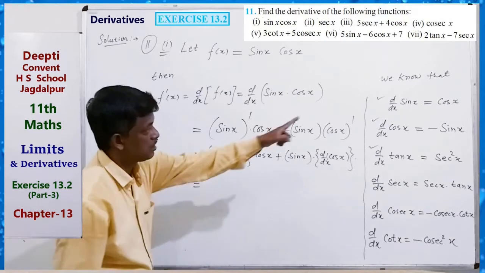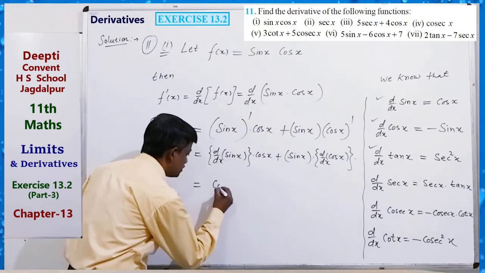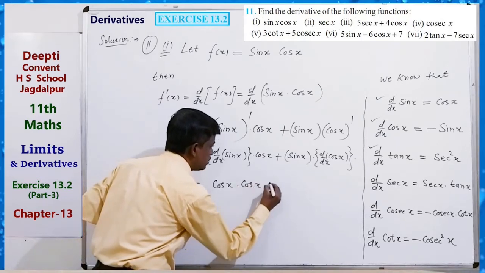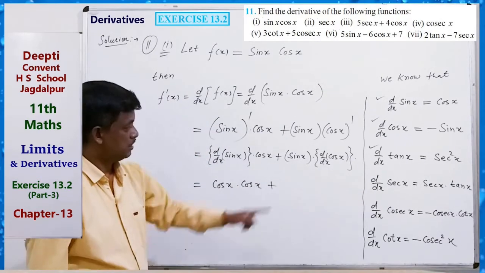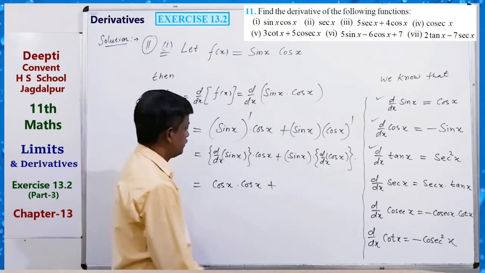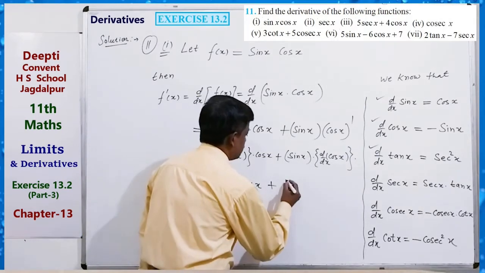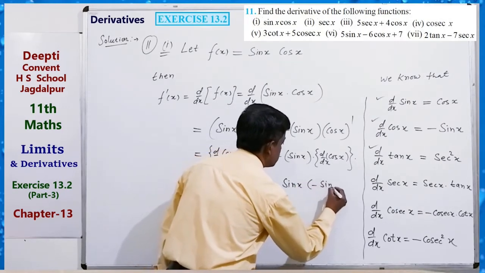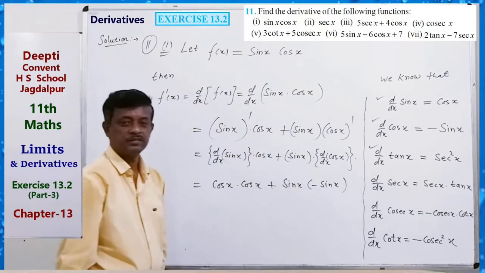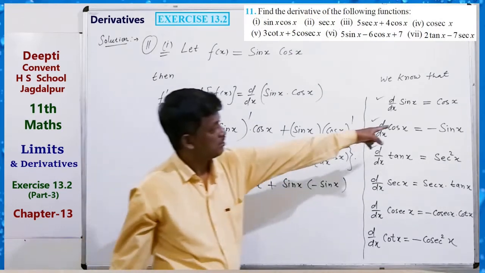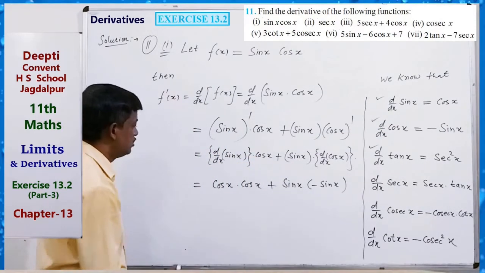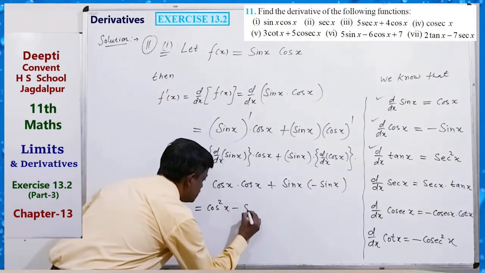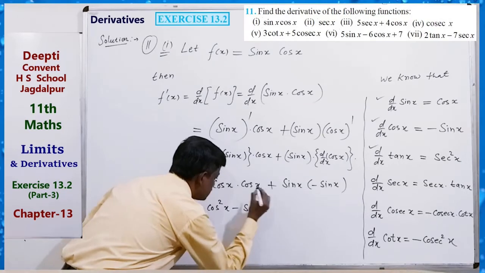If we know this, then we can write it directly. The derivative of sin x is what? Cos x. So cos x into cos x, plus sin x into the derivative of cos x, which is minus sin x. We know. So we get cos square x minus sin square x.